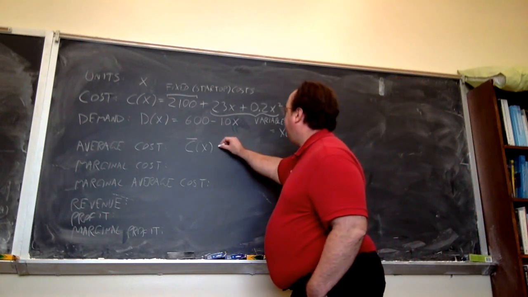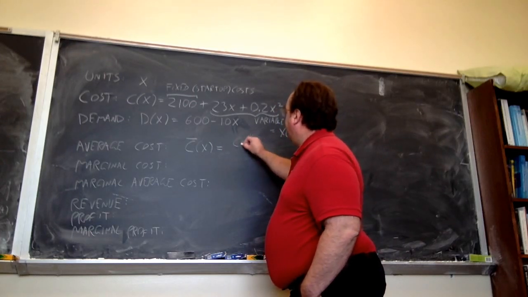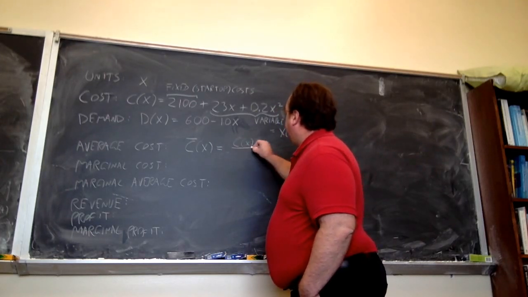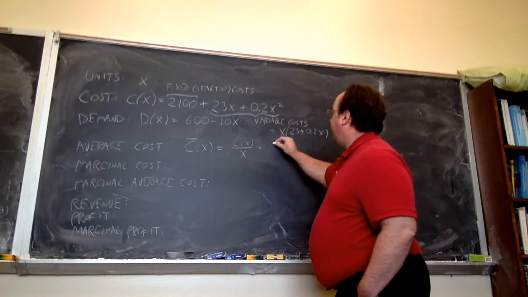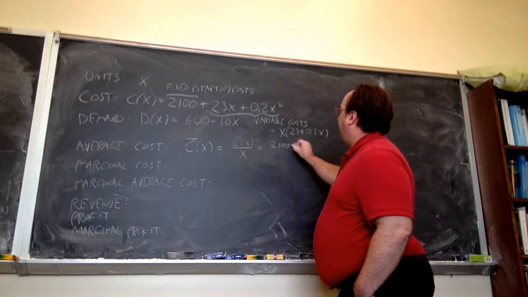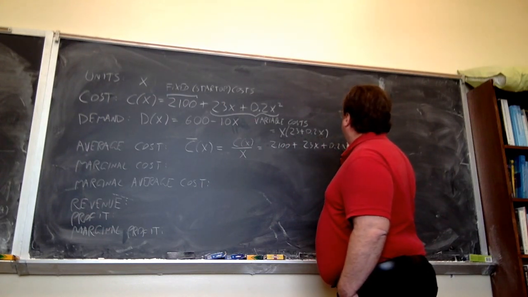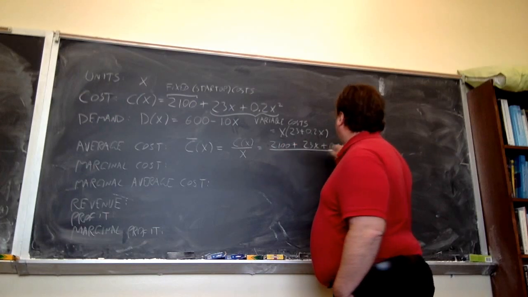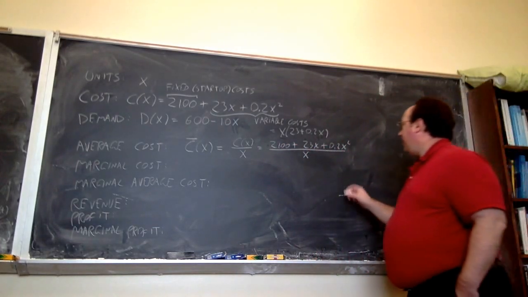That is just defined to be the cost divided by x. So in this case, it would be 2100 plus 23x plus 0.2 x squared, all divided by x.